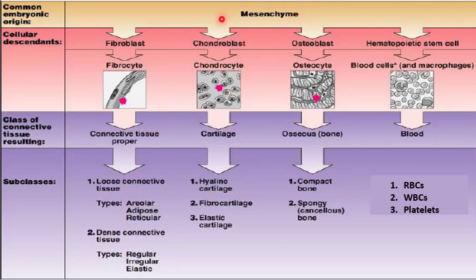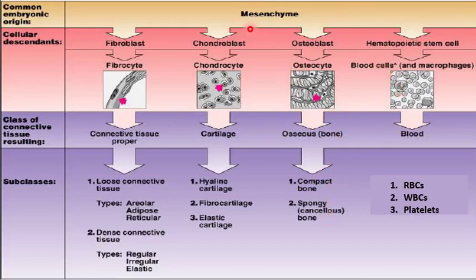Mesenchyme can differentiate into chondroblast, which differentiates into chondrocyte that forms cartilage, and the types of cartilage are hyaline, fibrocartilage, and elastic, and we will discuss them later. Mesenchyme may differentiate into osteoblast. Osteoblast will differentiate into osteocyte, which will form the bone. The bone contains compact and spongy bone, which we will discuss later.